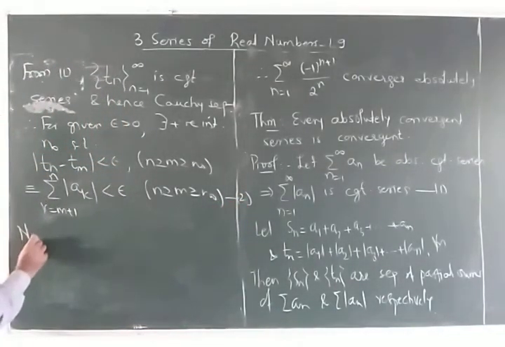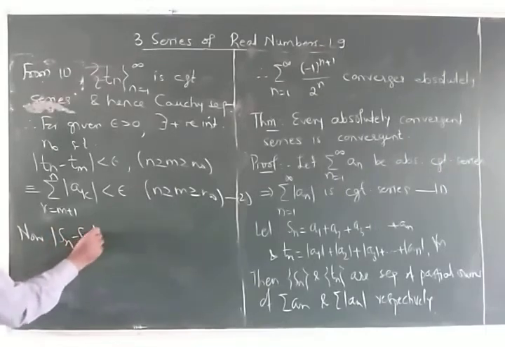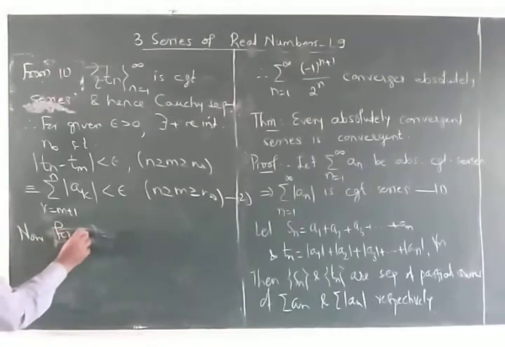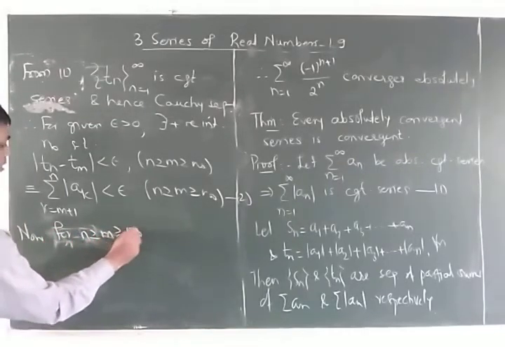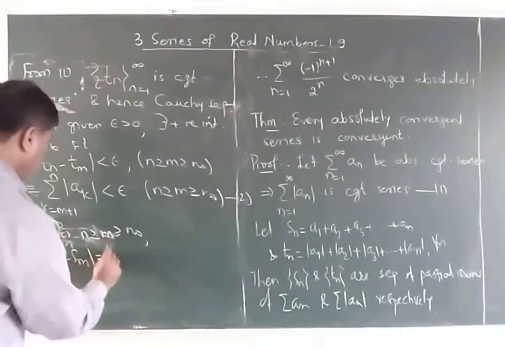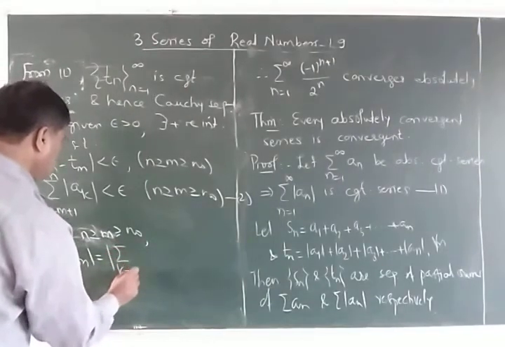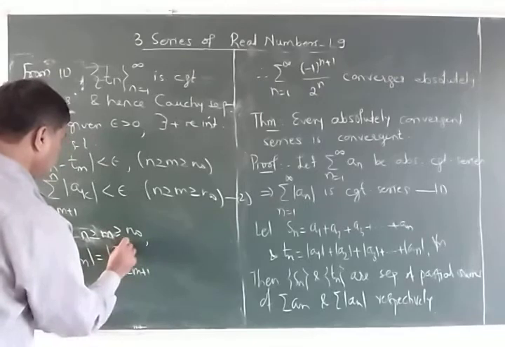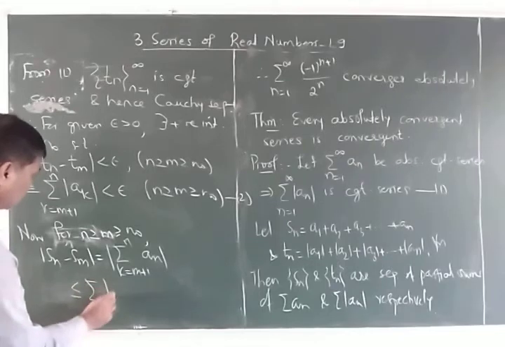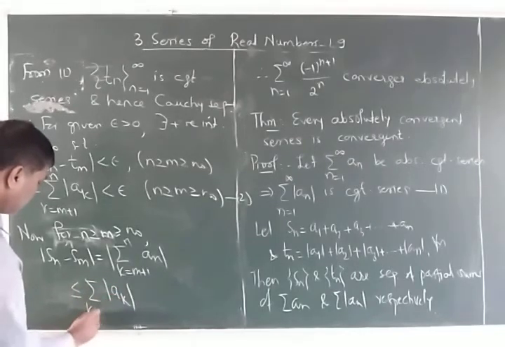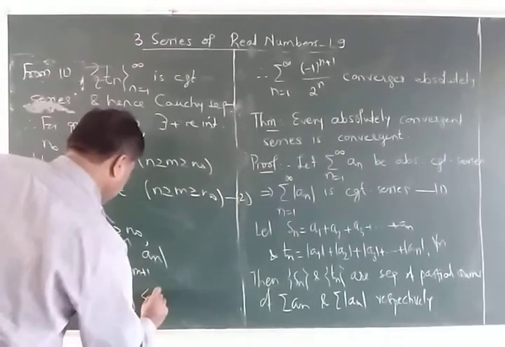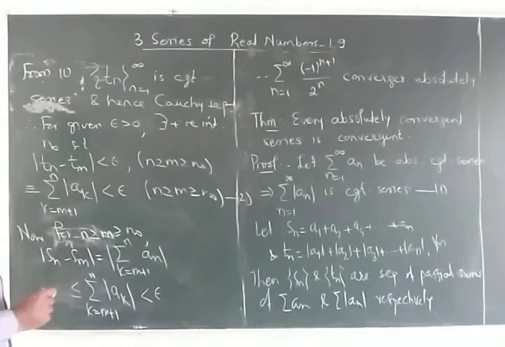Now mod S_n minus S_m, for n greater or equal m greater or equal n naught, this is nothing but mod of summation k equal to m plus 1 to n of a_k, which is less than or equal to summation of mod a_k, k equal to m plus 1 to n, which is less than epsilon.